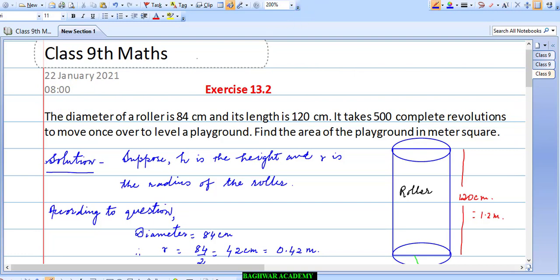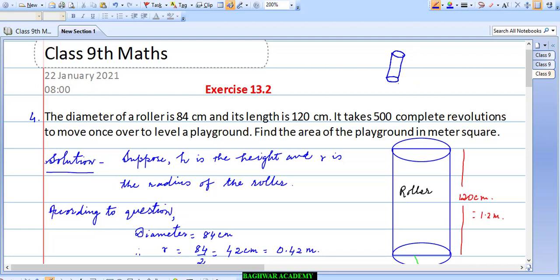Here you can see this is question number 4. Suppose one roller is there. A roller looks like this, if you have seen one. This is in the shape of a right circular cylinder. If you have a roller rolling one time, see, it is starting from here.